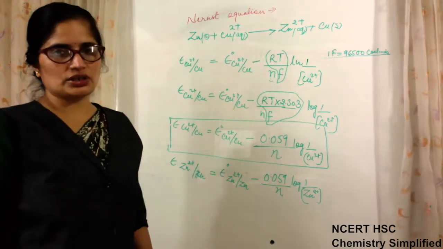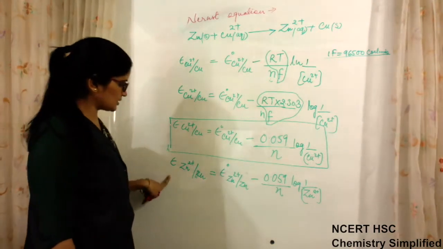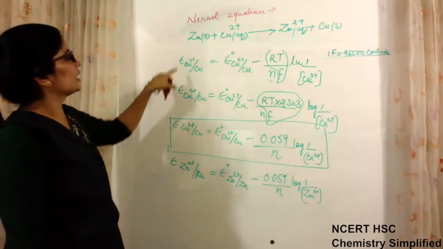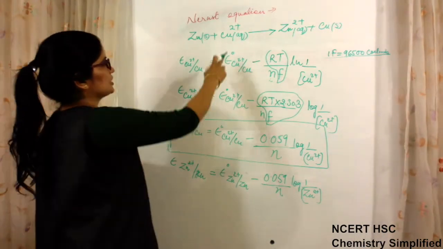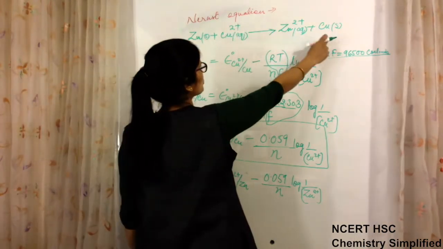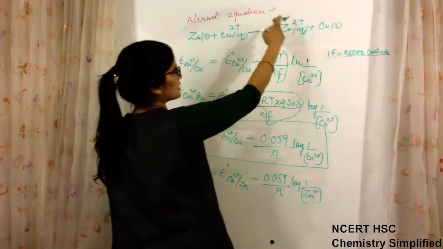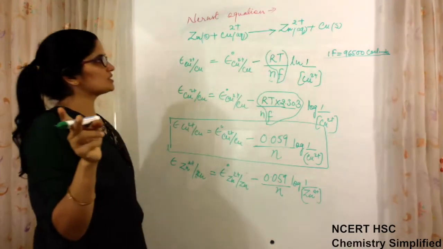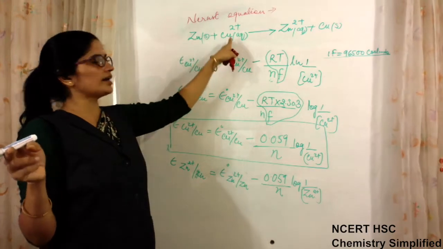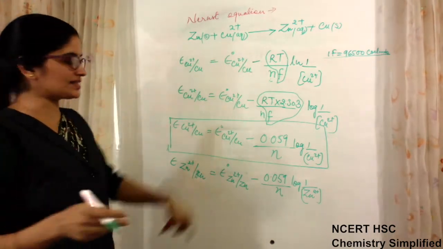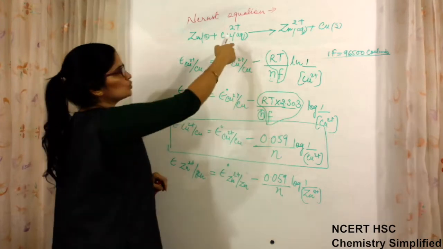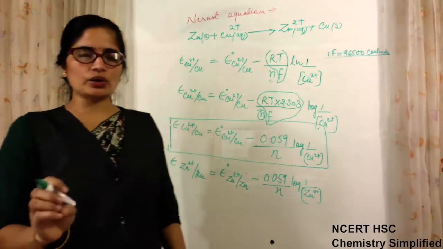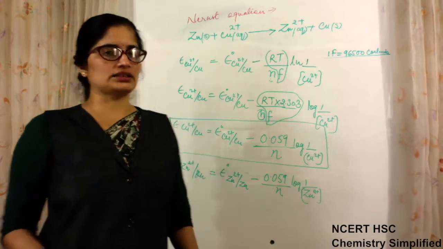So the reaction involves 2 electron exchange. Cu2 positive is reduced to Cu. Zn is oxidized to Zn2 positive. That is, 2 electrons are released by zinc and accepted by copper. So the n value for this is 2. So the n value will be according to the involved reaction.